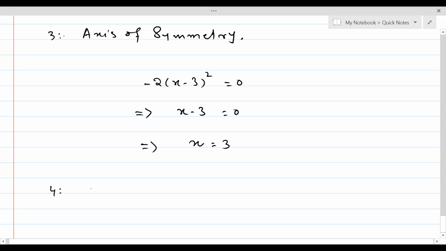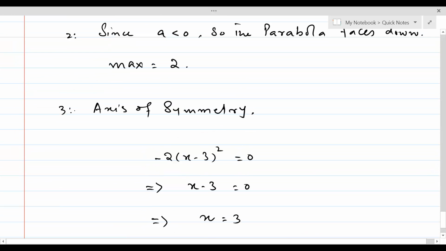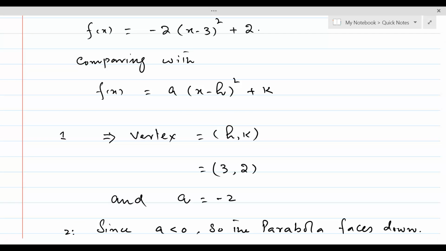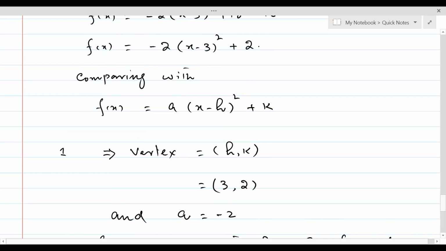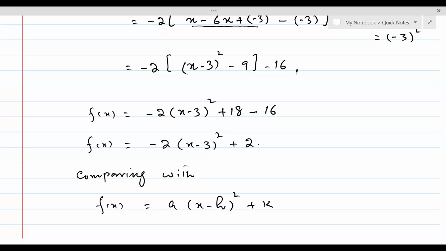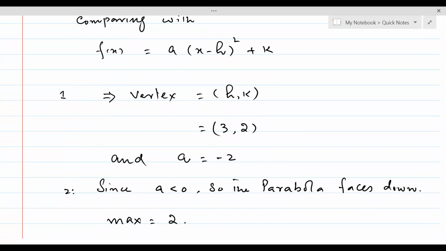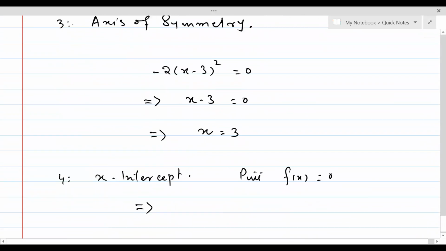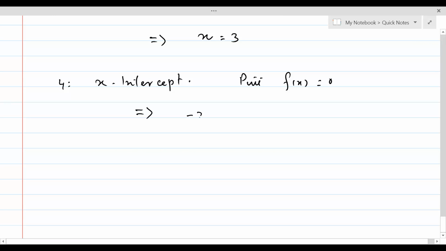Let's find the intercepts. X-intercepts: put f of x equal to 0. This means minus 2 times (x minus 3) whole square plus 2 is equal to 0.